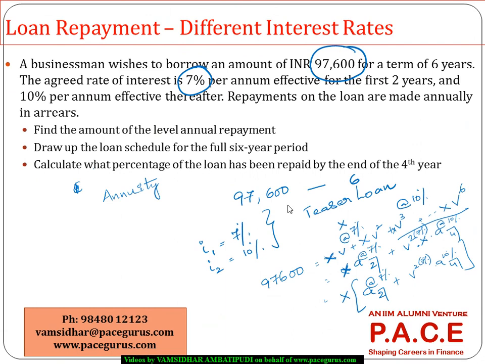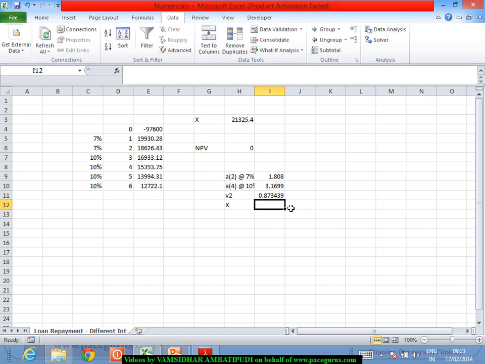So the X now comes out as 97,600 divided by A2 plus A4 times V squared. So this is working out to 21,325.35, which is exactly the same as computed through our spreadsheet also.